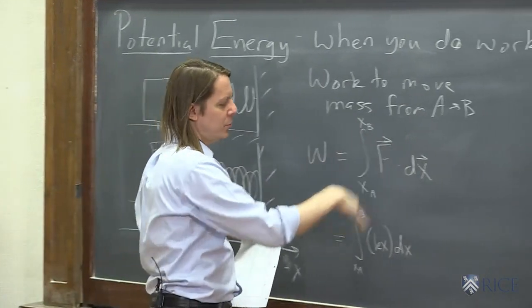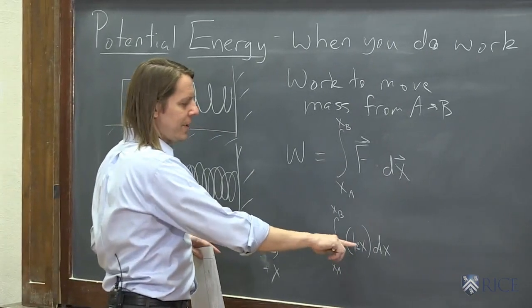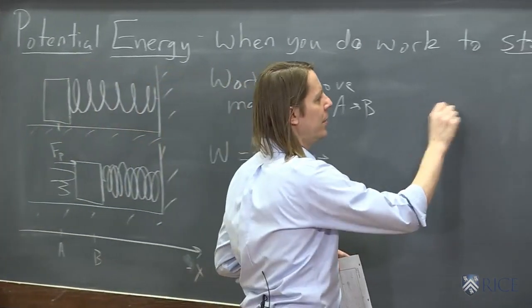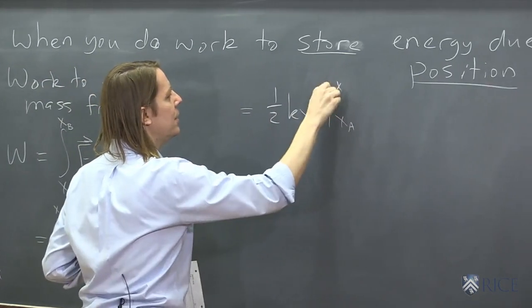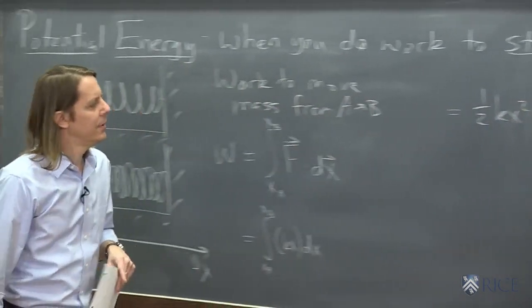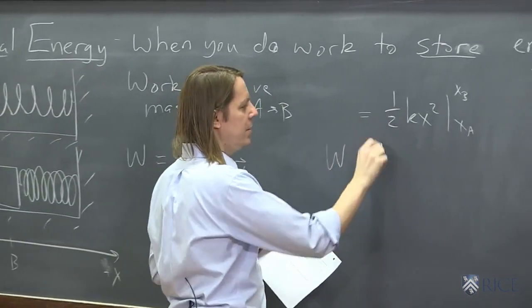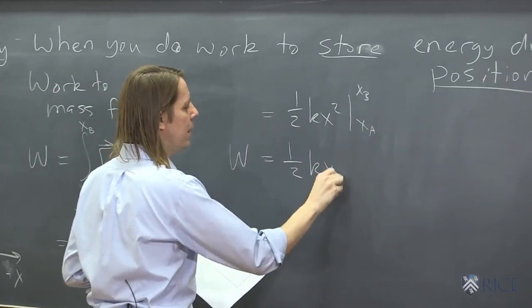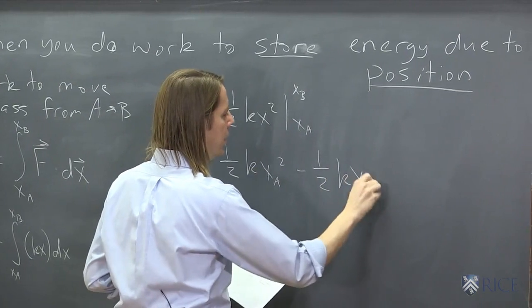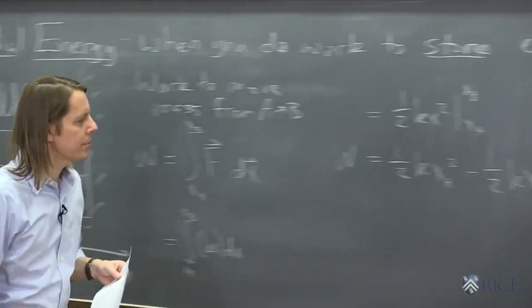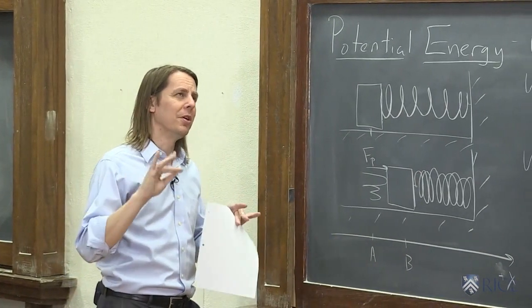So this integral of kx becomes 1/2 kx squared, evaluated from xa to xb. Then the work is 1/2 kxb squared minus 1/2 kxa squared.